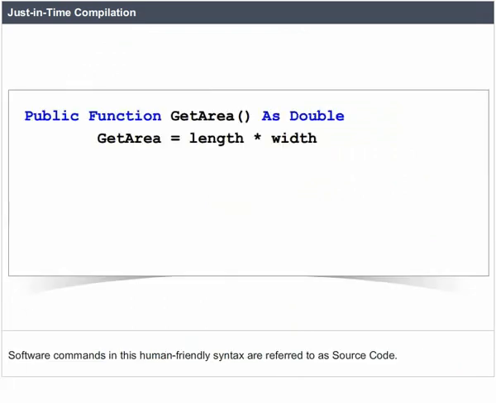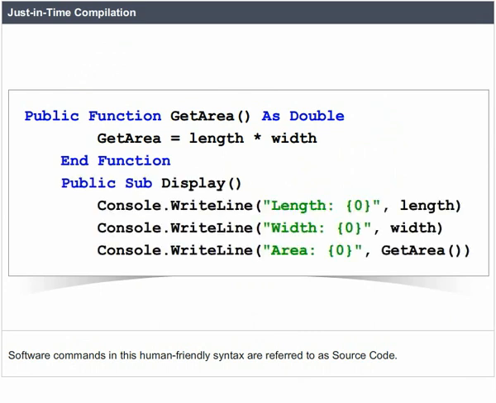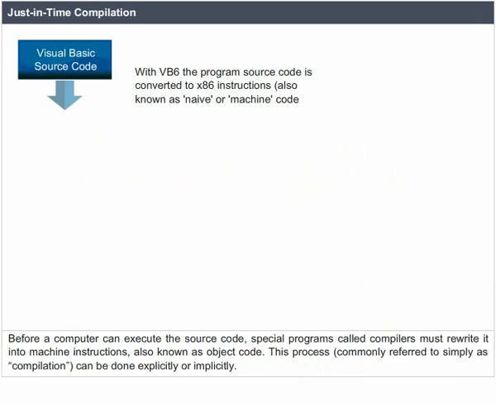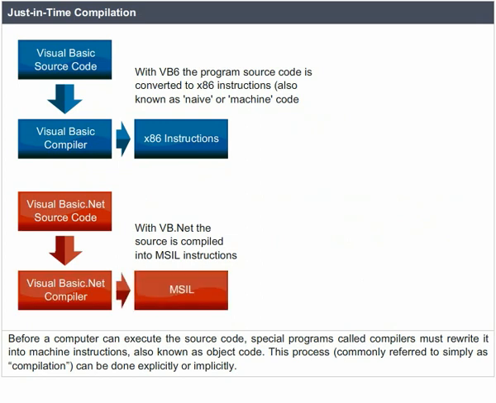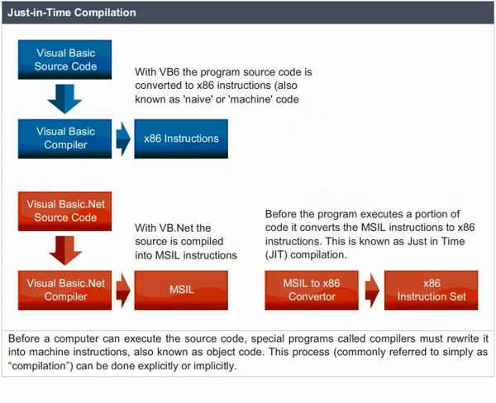Software commands in this human-friendly syntax are referred to as source code. Before a computer can execute the source code, special programs called compilers must rewrite it into machine instructions, also known as object code. This process, commonly referred to simply as compilation, can be done explicitly or implicitly.